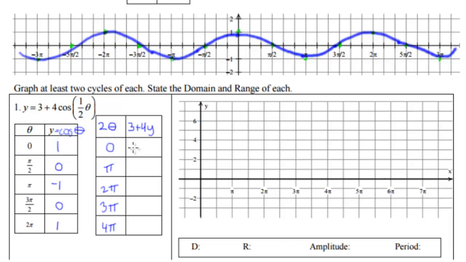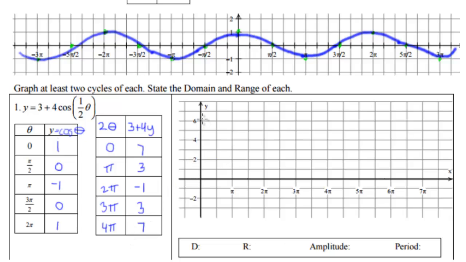And then my y values, 1 will be 7, 3 plus 4 times 1, using this y value here. And then 3 plus 4 times 0 is just 3. 3 plus 4 times -1 is 3 minus 4, or -1. And then it'll be back to 3 and back to 7.